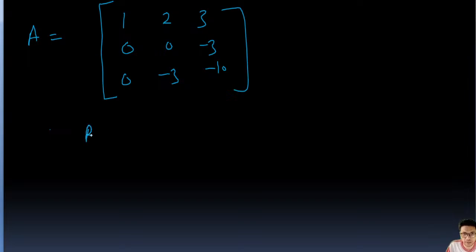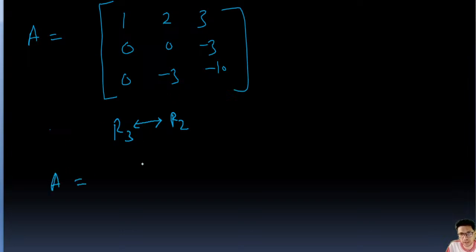So here we are exchanging R3 and R2. The row R3 goes into the second row, and the second row goes into the third row.